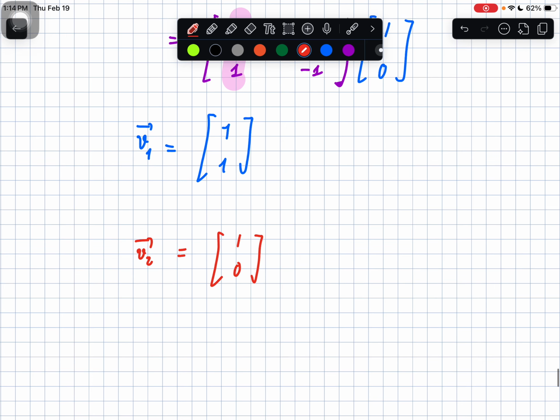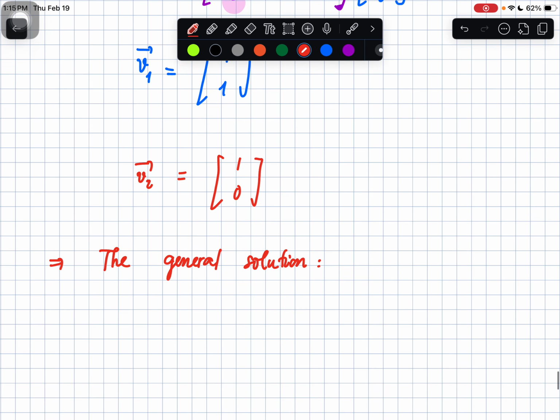Now we construct the solution. The general solution of the equation x prime equal to A times x is, say, x(t) equal to c1 v1 e to the lambda 1 t.